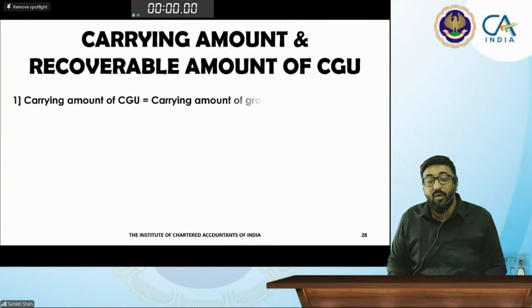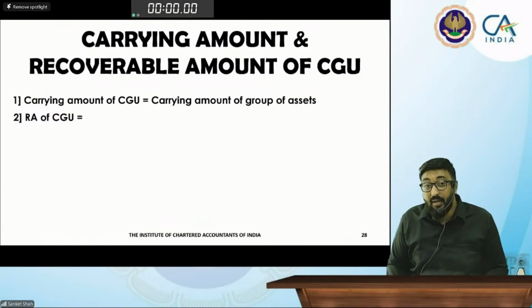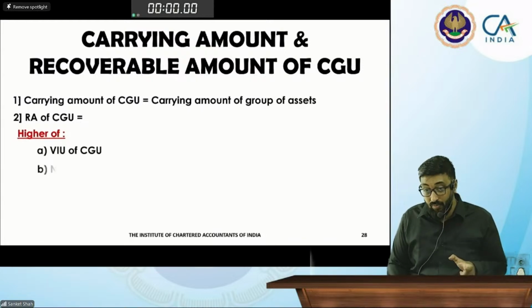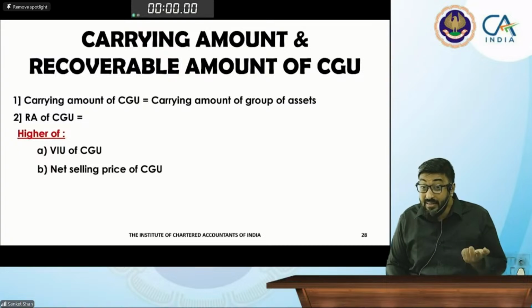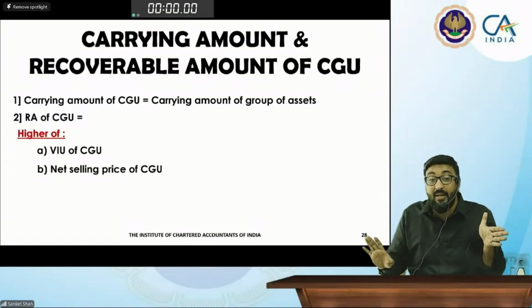Now calculate the carrying amount of CGU, all assets together. Recoverable amount of CGU is equal to, what is this? Higher of value in use of CGU and net selling price of whole CGU. Individual asset, you are not going to sell it.